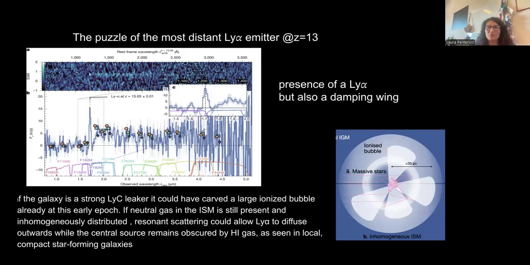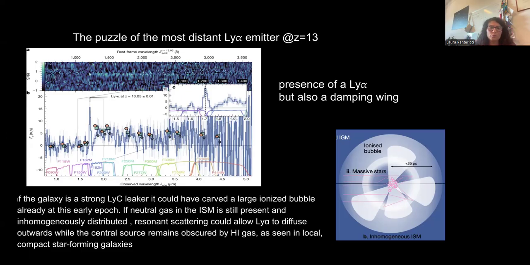So people have tried to model this source, because not only does it have Lyman alpha, but it also has a damping wing. And the damping wing is indicative, as we saw before, of a very large amount of neutral hydrogen. So there are several models to model it. Basically one model is that there is probably a lot of neutral gas in the interstellar medium, and it's very inhomogeneously distributed. And because Lyman alpha has this resonant scattering behavior that I explained before, we are seeing Lyman alpha from the outer parts.